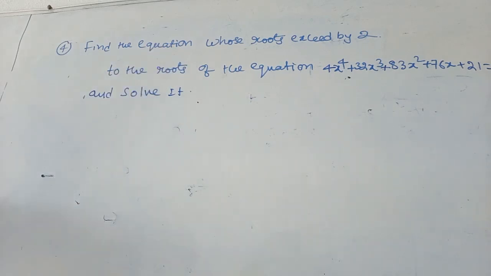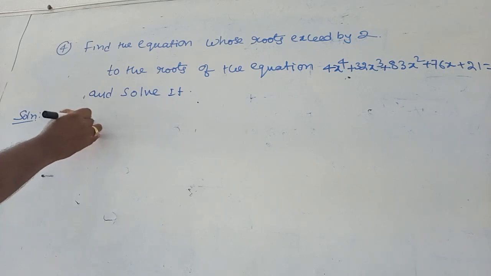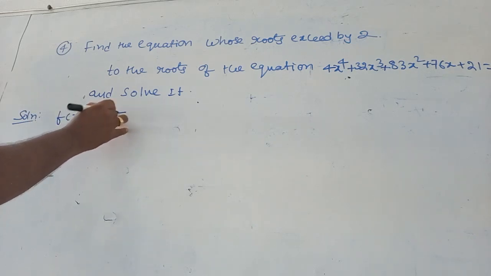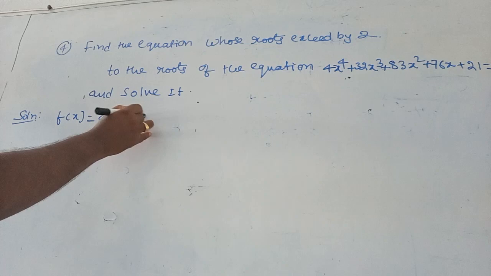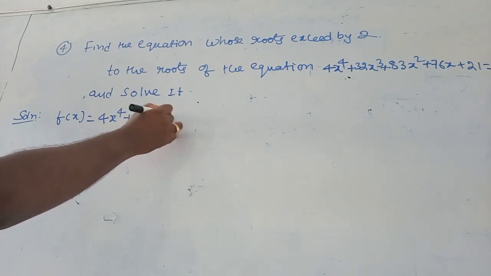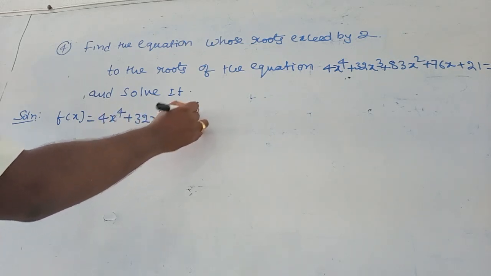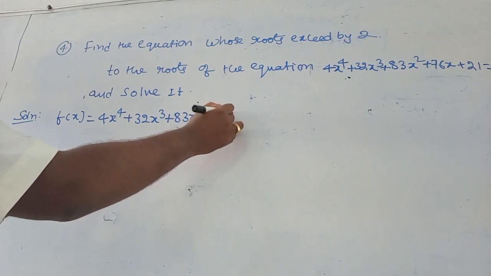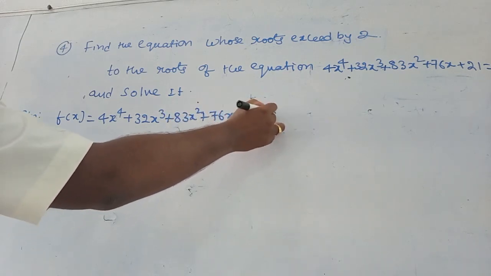You see this particular problem, how we are going to do it. Here, my dear students, the given equation is f of x equal to 4x power 4 plus 32x cube plus 83x square plus 76x plus 21 is equal to 0.